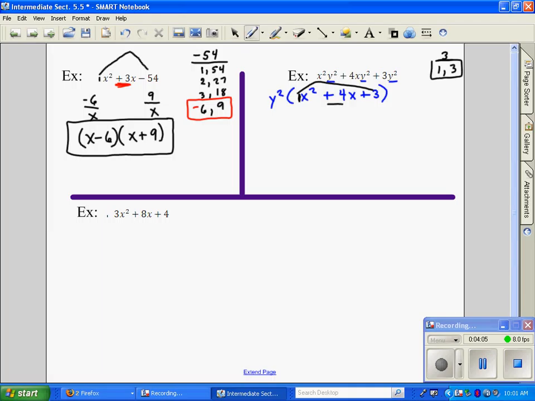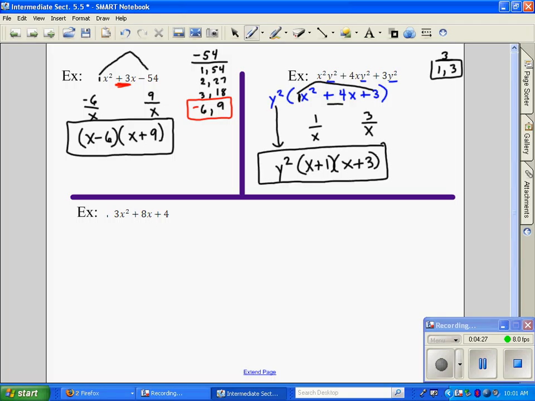So we're going to take those factors, a 1 and a 3, I'm going to put it over our 1x and our 1x, and then simplify. So we write from the bottoms up, x plus 1, x plus 3. Do not forget to drop your original GCF that we factored out the first time. So this is going to be our solution.